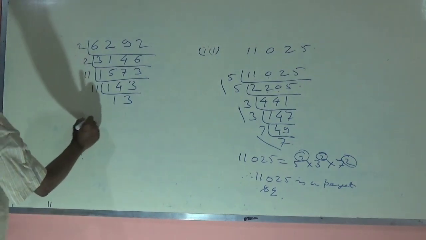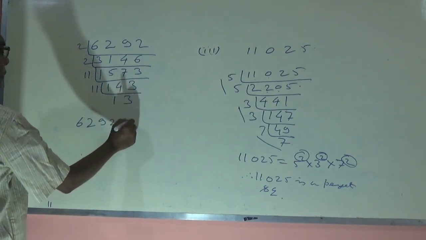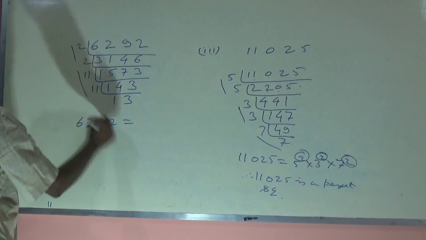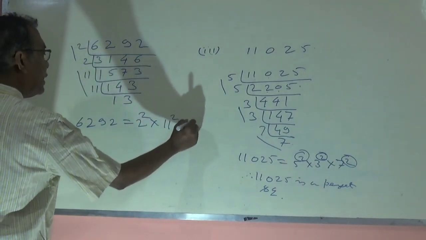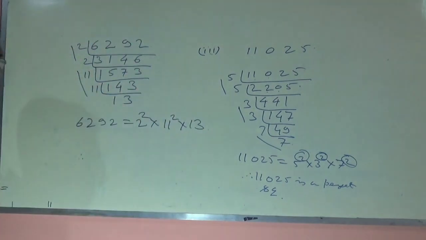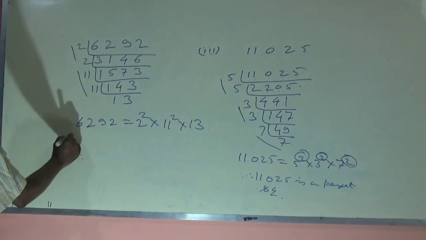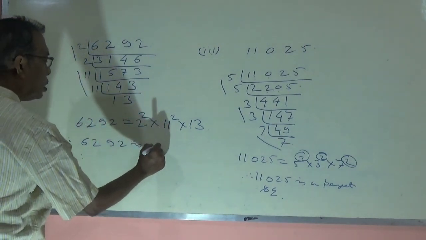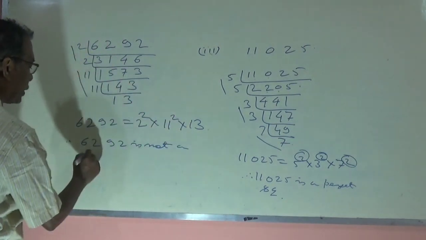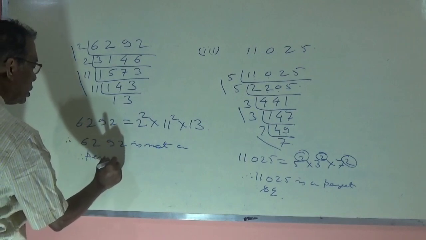So 6292, I am finding this is in pair 2 square into 11 square, and here it is only 30. So therefore 6292 is not a perfect square.